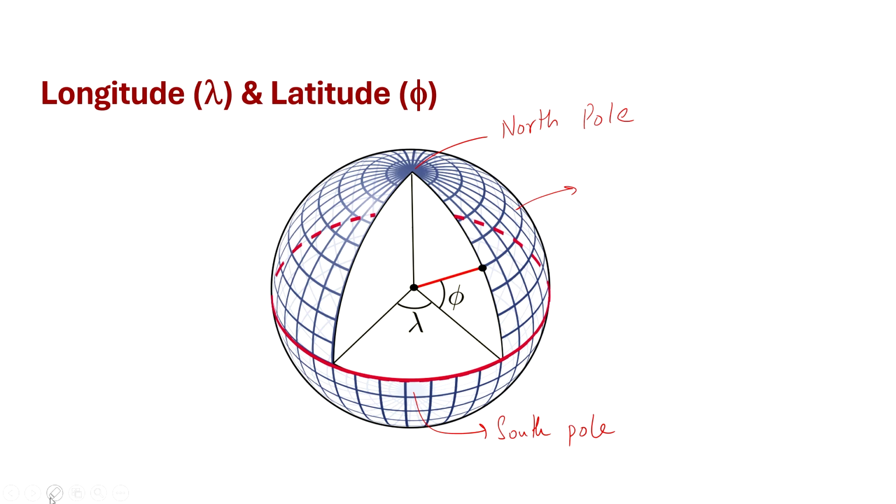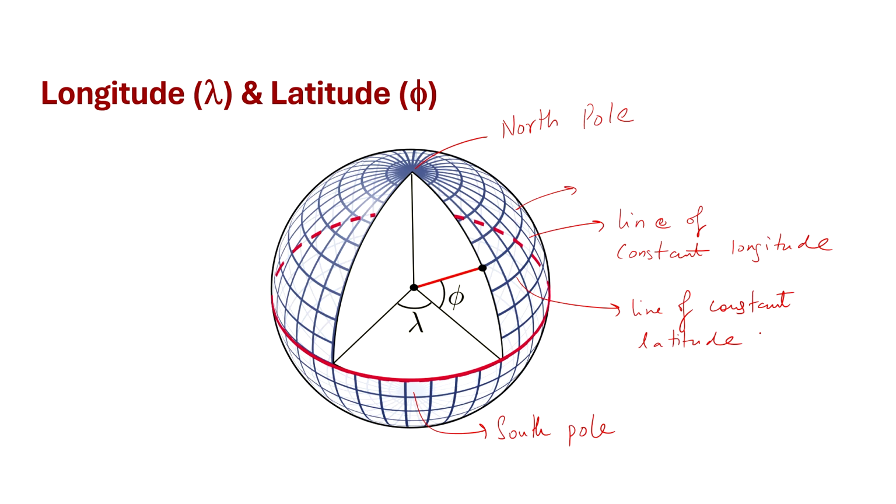Here we can see that this vertical line is the line of constant longitude, okay, and this horizontal circle would be the line of constant latitude.